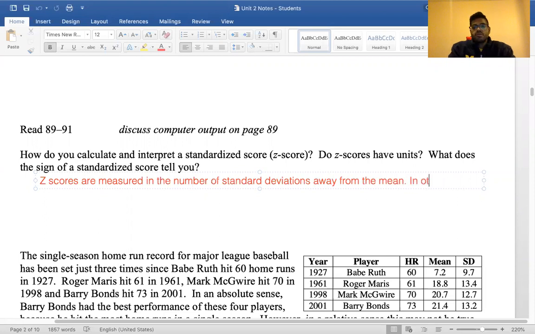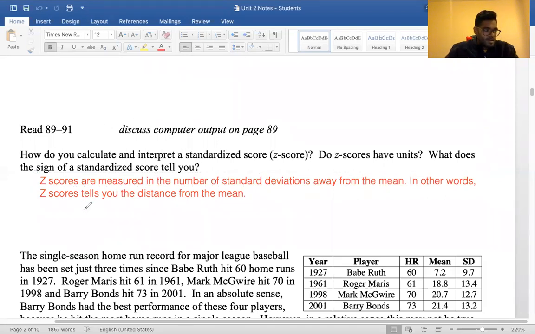In other words, a z-score tells you the distance from the mean. And I gave you the equation earlier. I'm going to write it again.